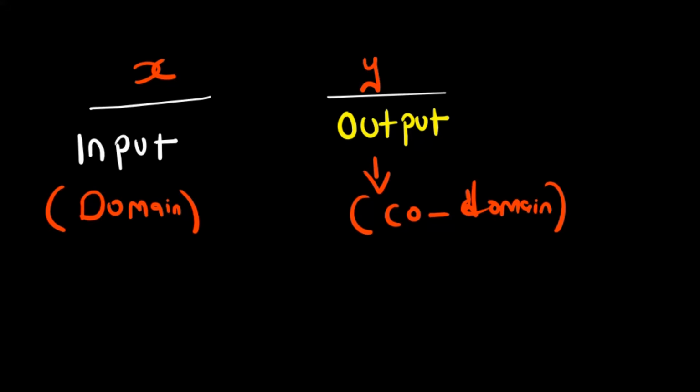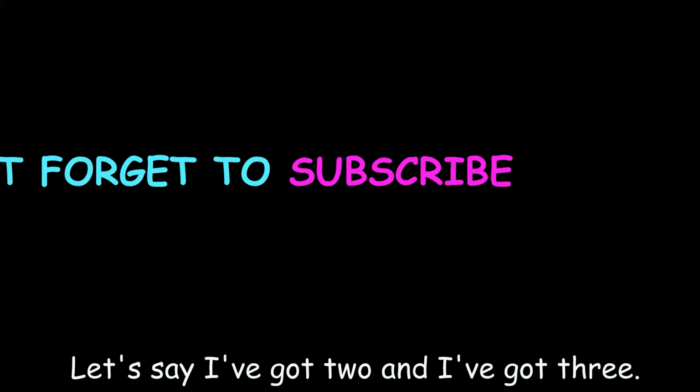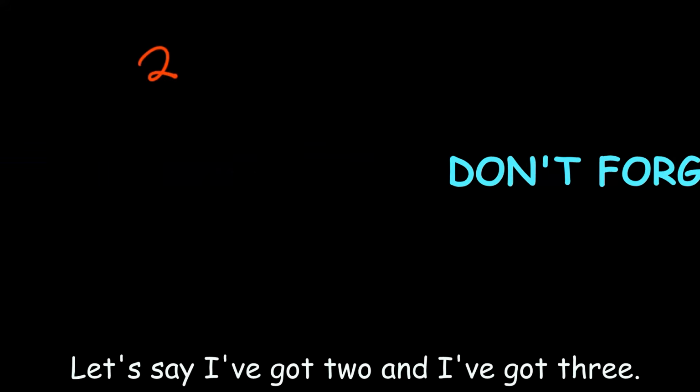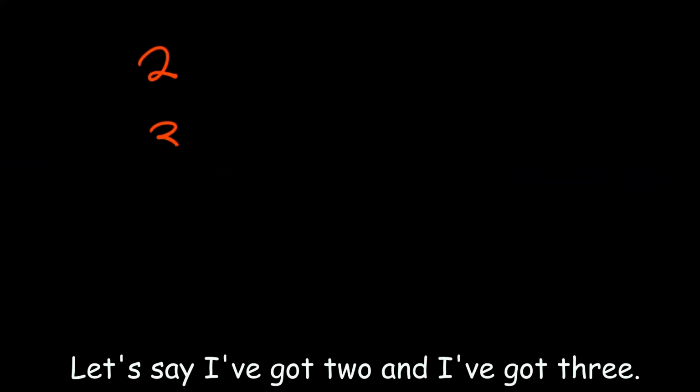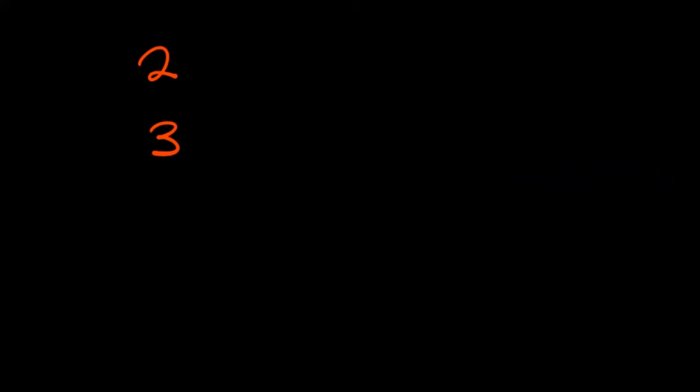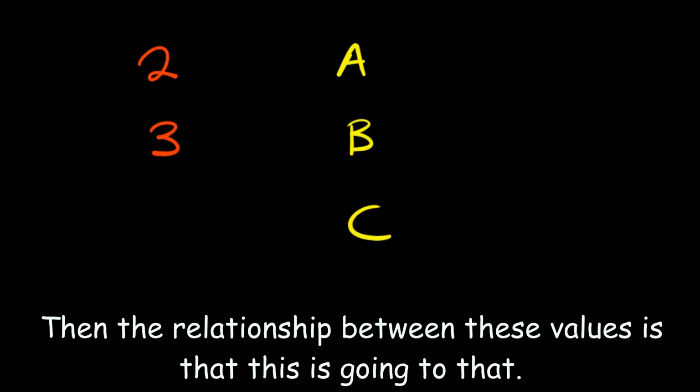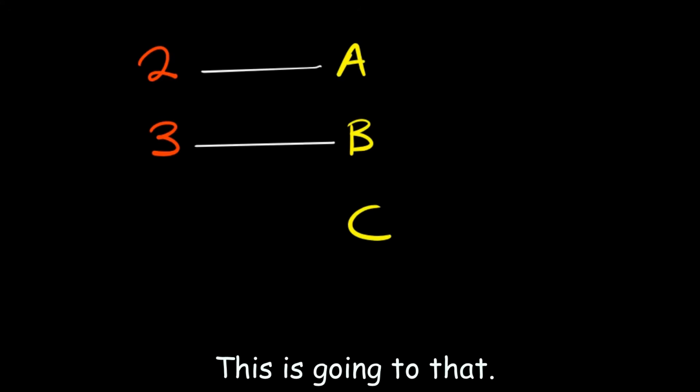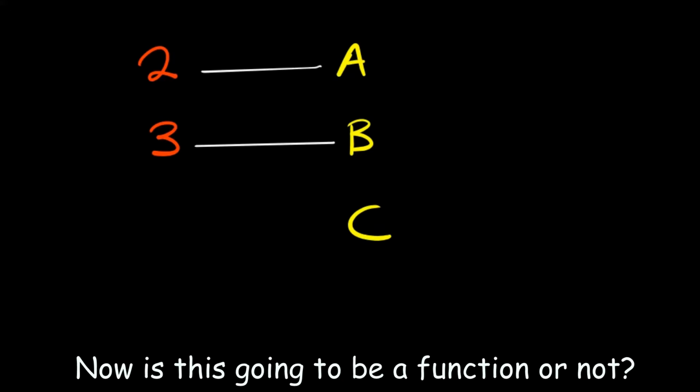Okay, so let's just illustrate this further. Let's say I've got 2 and I've got 3. Then I've got A, I've got B, and I've got C. Then the relationship between these values is that this is going to that, this is going to that. Now, is this going to be a function or not?